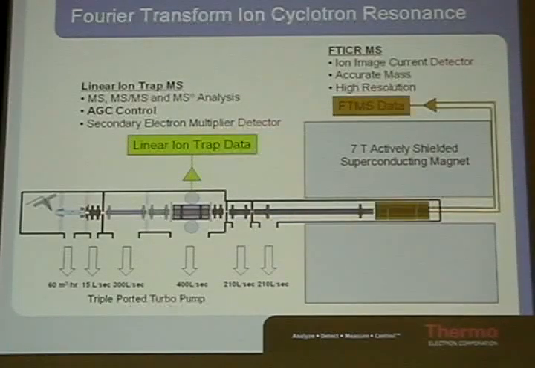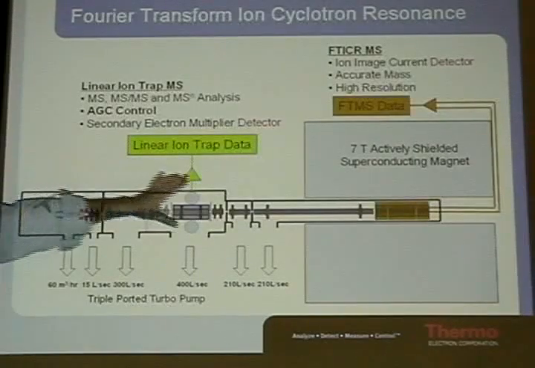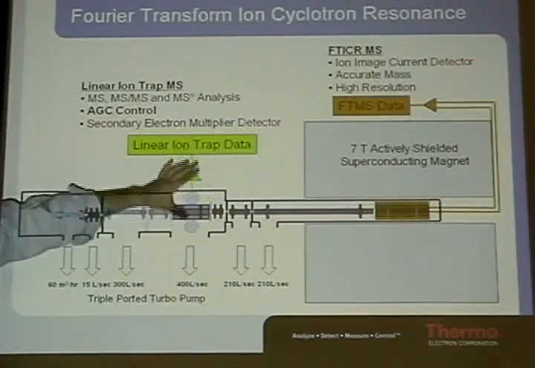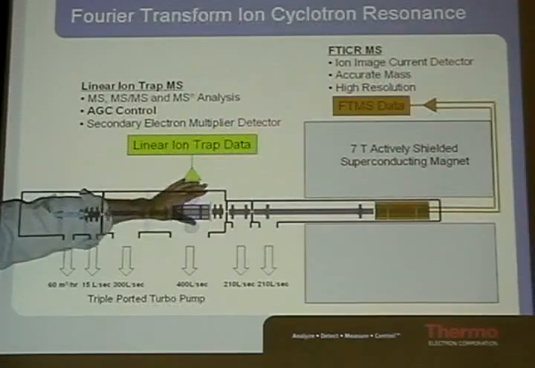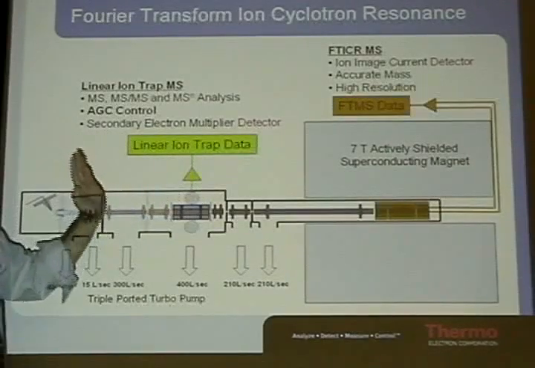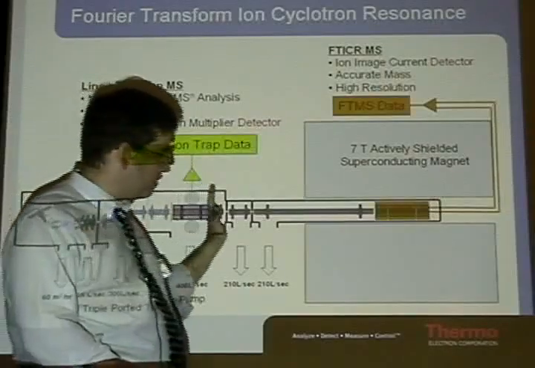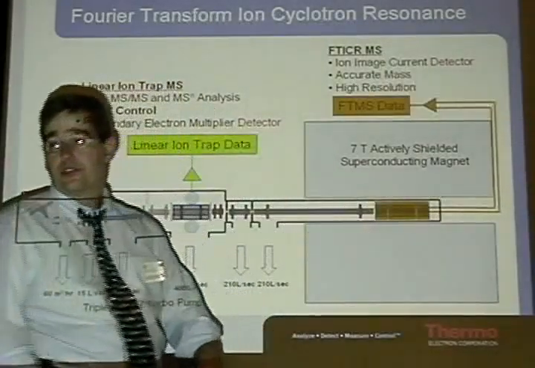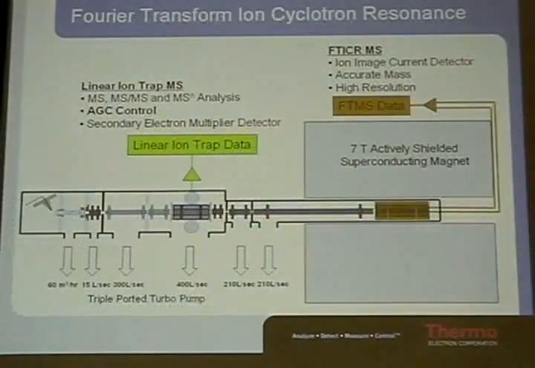So now we're going to have, instead of one calibration, we're going to have 4 calibrations. We're going to have one calibration for the ICR cell, for the linear trap and its detectors. We're going to have a second calibration for transmission of those ions. That second calibration has 6 parts to it.